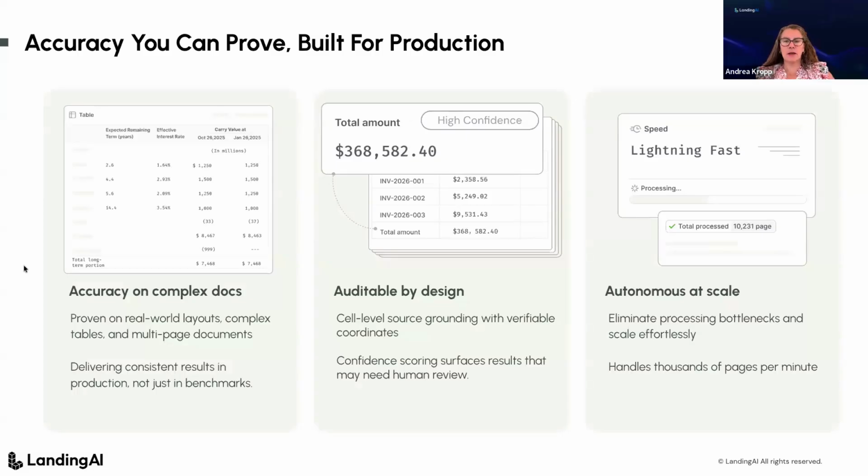Again, some of the key design features here: we've focused a lot on accuracy, auditability, and autonomy. I am going to show you the benchmark as evidence around the accuracy, but accuracy is paramount. So financial services, healthcare, legal, and I feel like I'm missing one other, a lot of transportation and logistics.